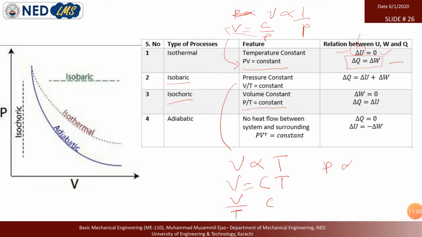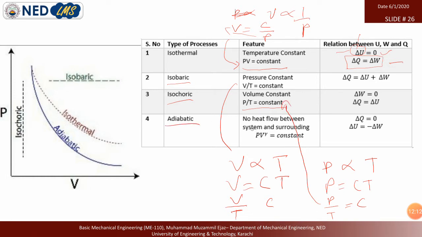So we have the relation P is directly proportional to temperature. When we remove the proportion sign, we have to place a constant, and then P upon T is equal to C. You can see the equation over here.